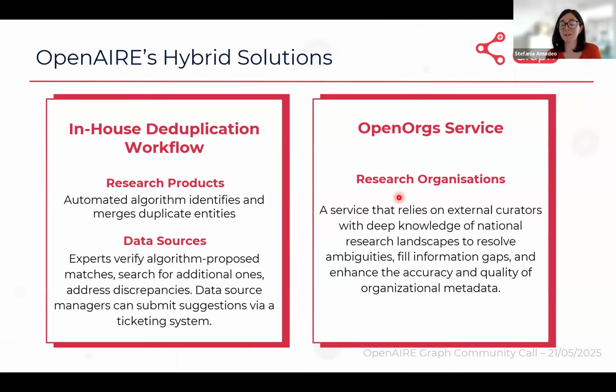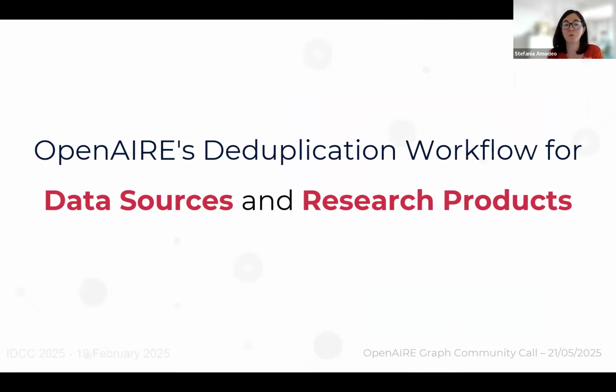And they work directly on resolving ambiguities, filling in information, and assuring the quality of the metadata that we get from their organization or the organizations of their countries. So now I will break down these solutions, and I'll start with the workflow for the data sources and the research products.